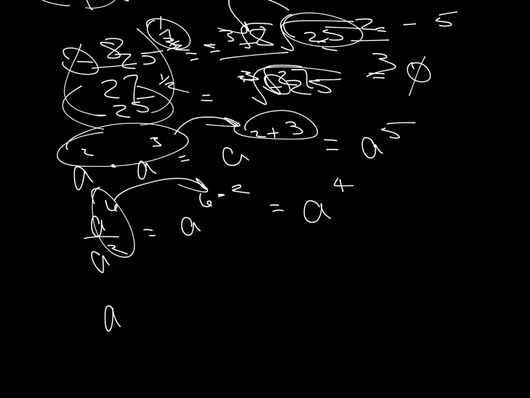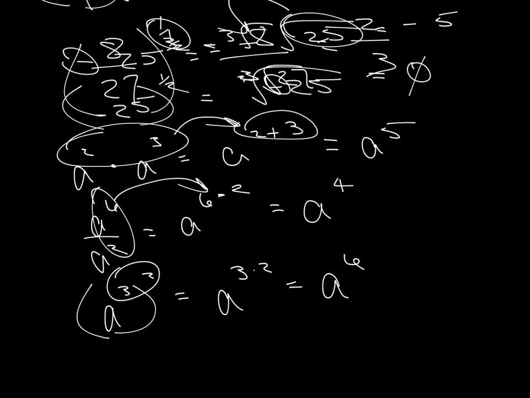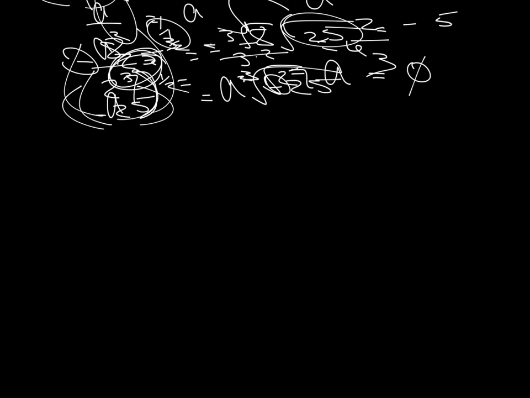Okay, when you have something like a cubed and we square that, there's no sign telling you what to do, so it means we're going to multiply. It's called the power rule. When there's nothing between them except this parenthesis, you multiply those. Alright, when we have a negative exponent, if you remember right, it tells me that the letter in front and its exponent are in the wrong place.